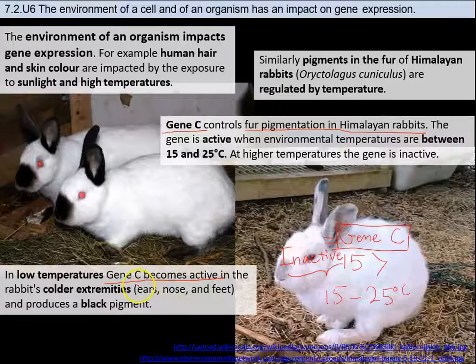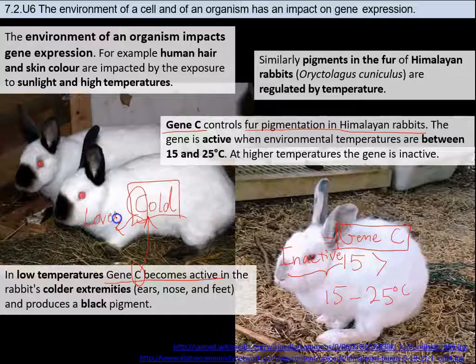You can even remember it as: gene C loves cold. So gene C, who loves cold, means that in the colder temperature it becomes active and it starts to create the pigmentation.